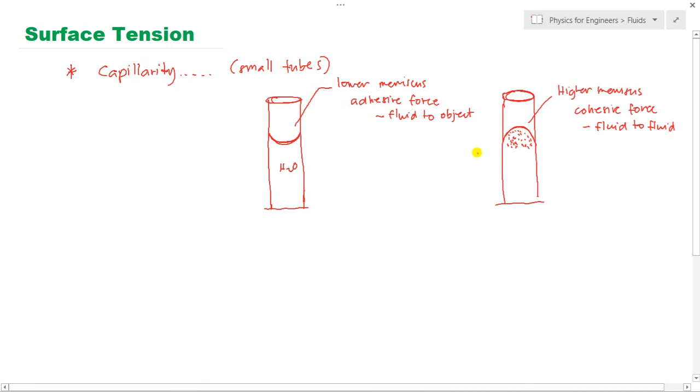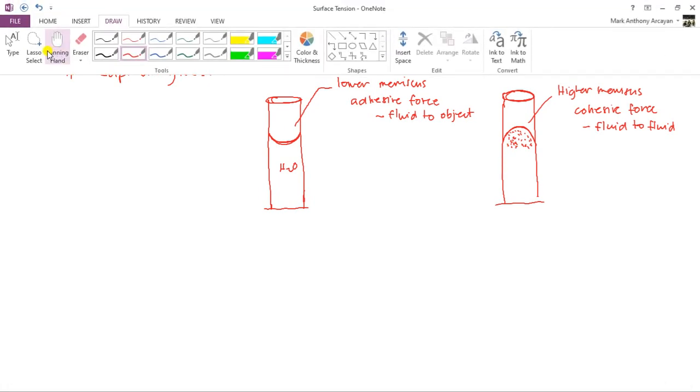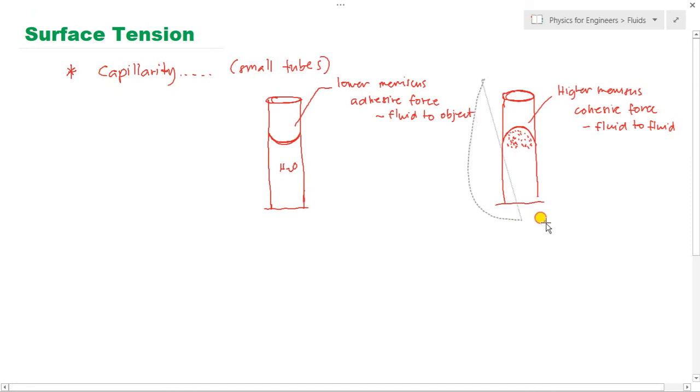A higher meniscus occurs in fluids with very large specific weight such as mercury, or even lead, the element, when it has melted. Okay? So we focus on the lower meniscus.